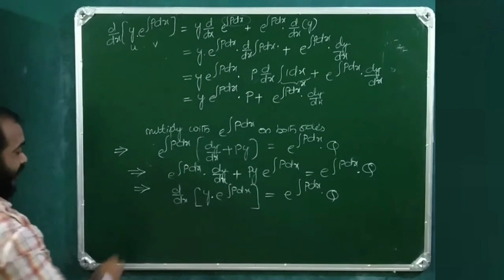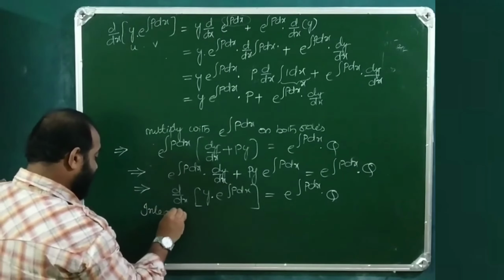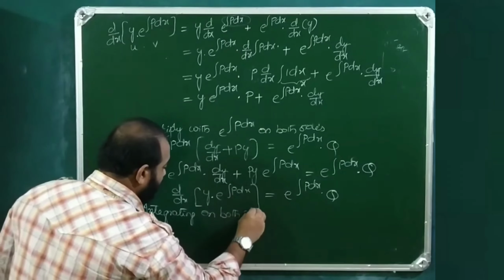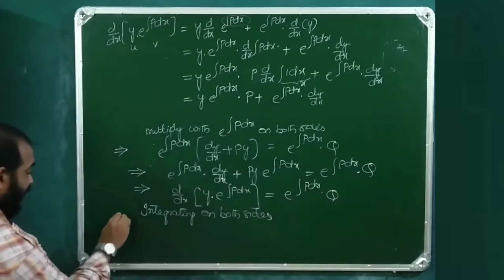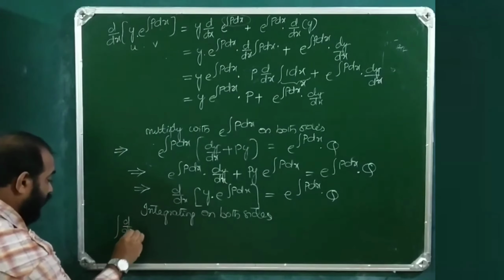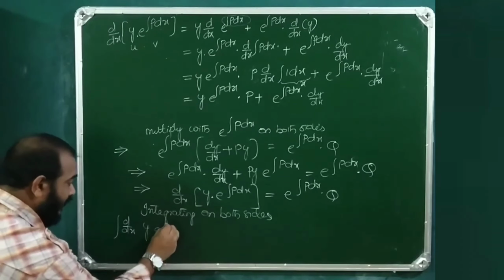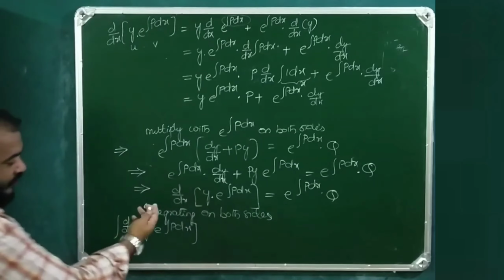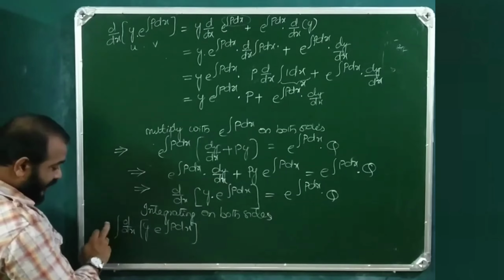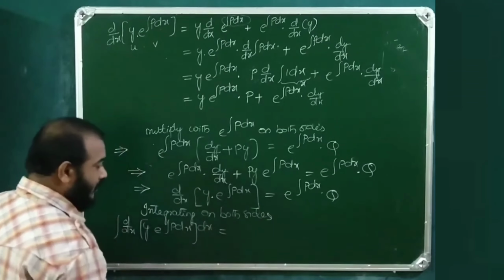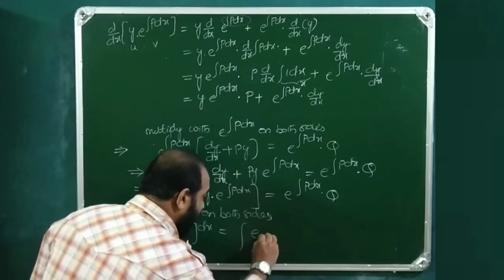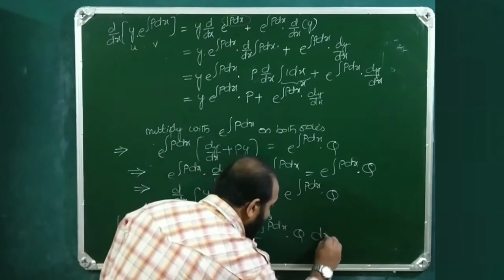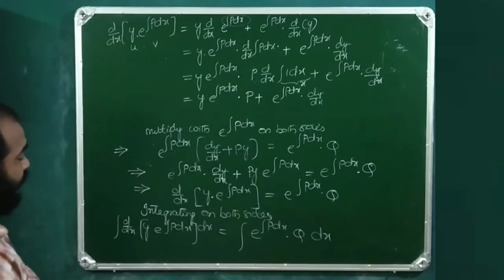Now integrating on both sides, we get the integral of d by dx of y into e power integral p dx. When we are applying integral, the dx will also exist, is equal to integral of e power integral p dx into q into dx.